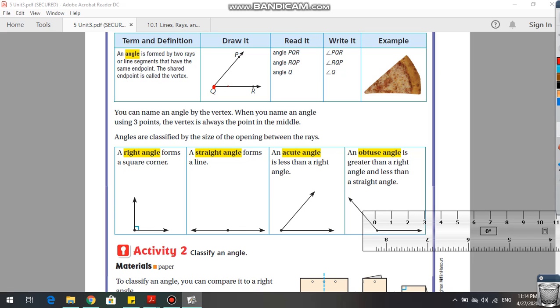Now, how am I going to read the angle? I have three ways to read and write the angle. First you have to know the sign of the angle. It's easy. Here is the sign of the angle.